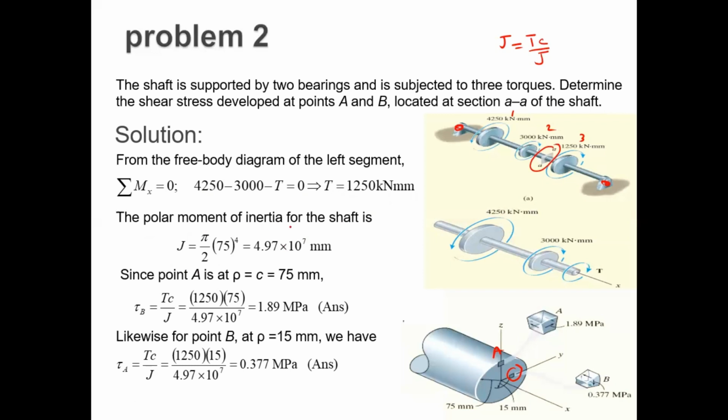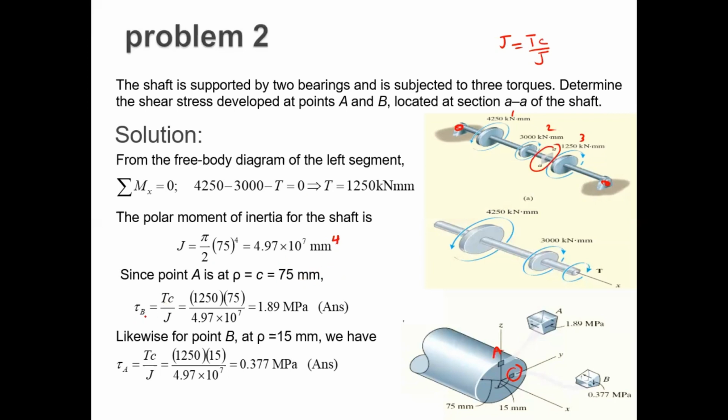The polar moment of inertia of the shaft is J is equal to pi by 2 C to the power 4. This is 4.97 into 10 raised to the power 7 millimeter to power 4. Since point A is at C, rho is equal to C is equal to 75 mm.